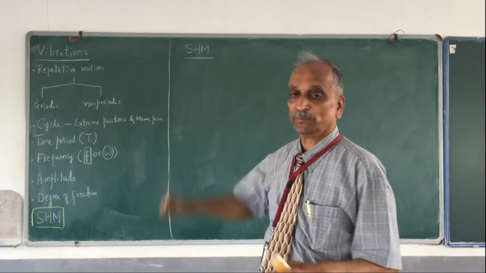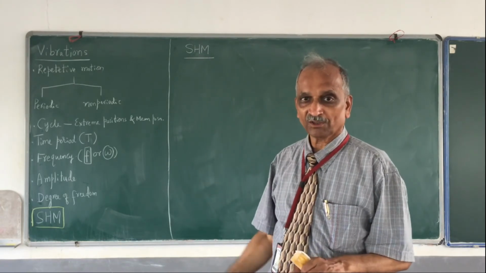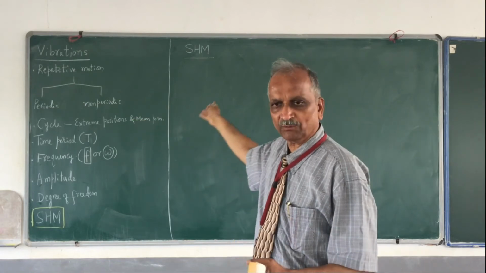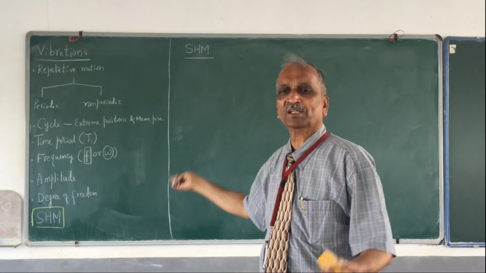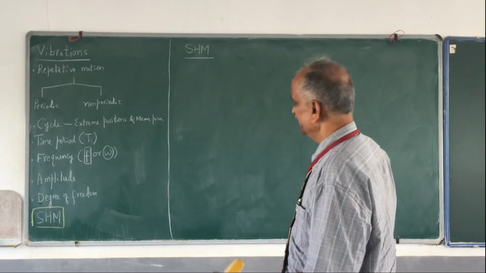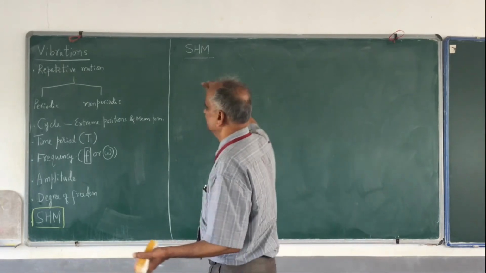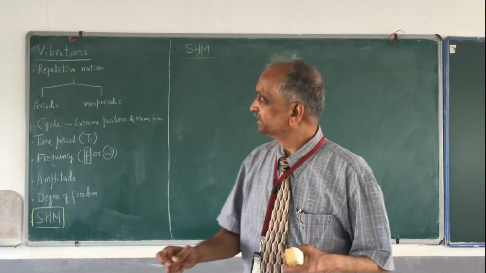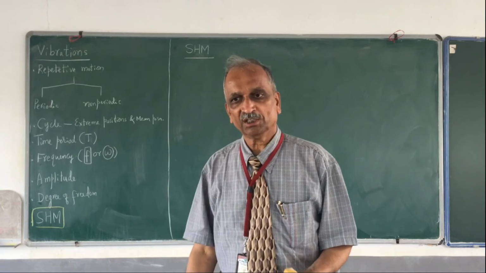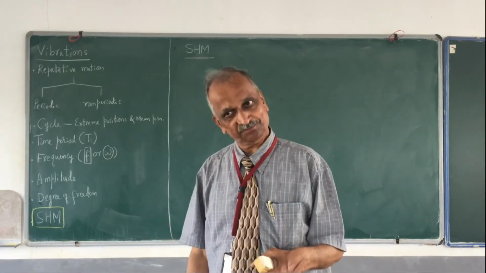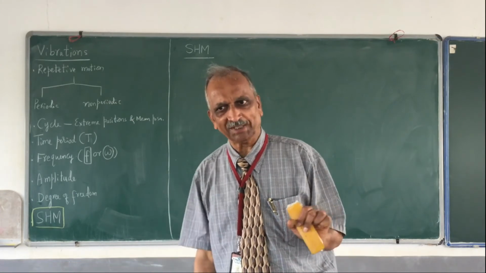It may also be angular motion, like the simple pendulum which I had shown. Simple harmonic motion is a to and fro motion, vibrations. It is a repetitive motion, going to repeat after a fixed interval of time, a periodic motion.